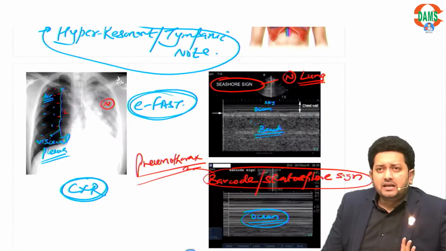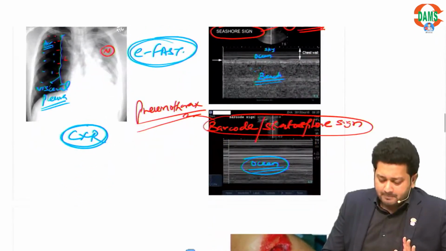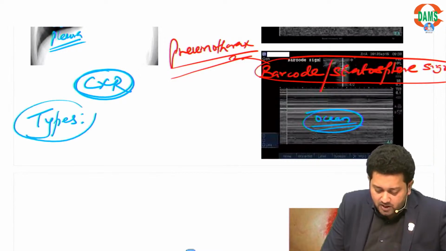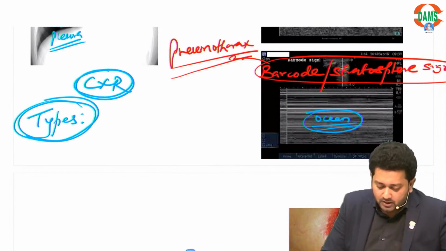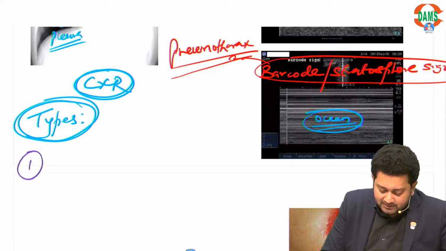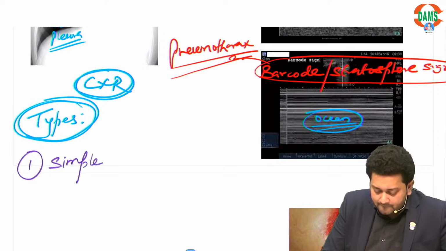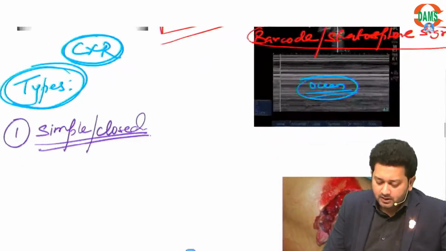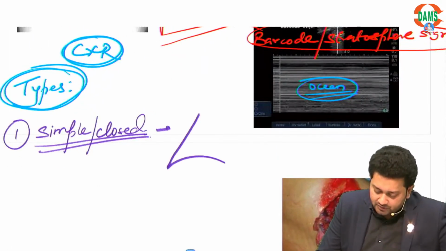Now, see, pneumothorax has different types and the management is also different. You need to understand this. This is a very important point. First we'll see the simple or closed pneumothorax. Let me show you here.